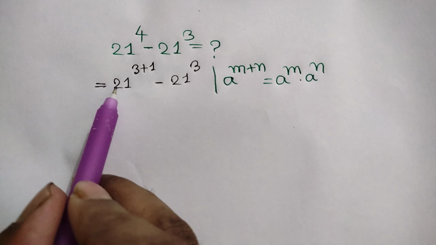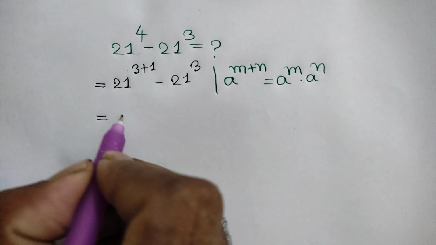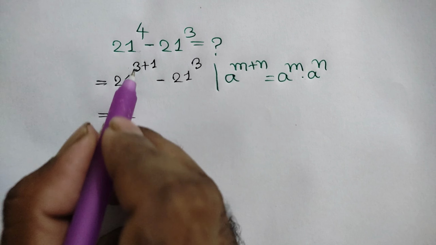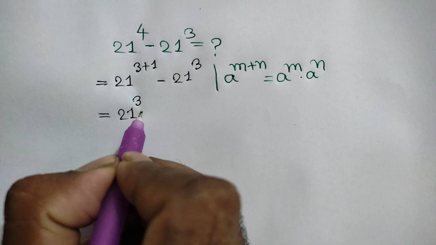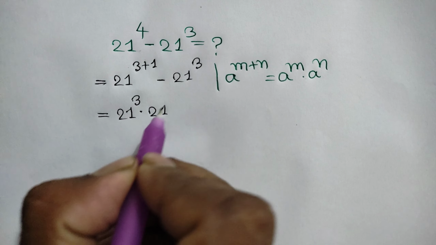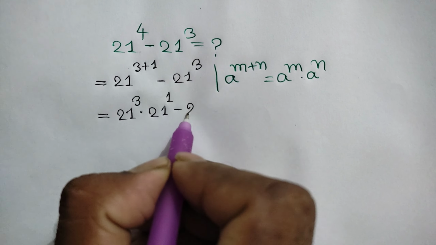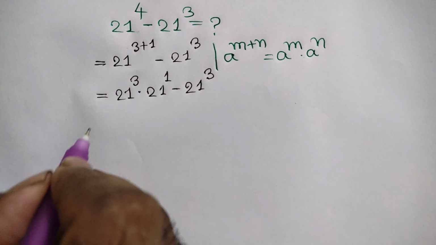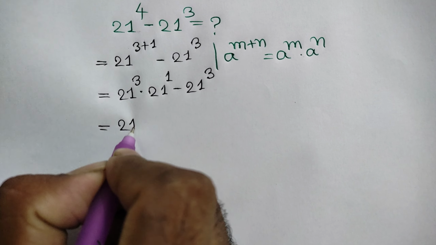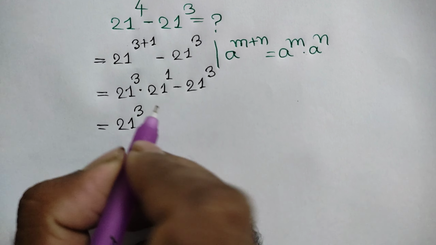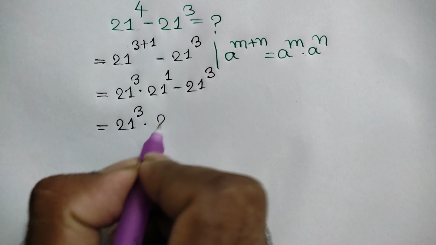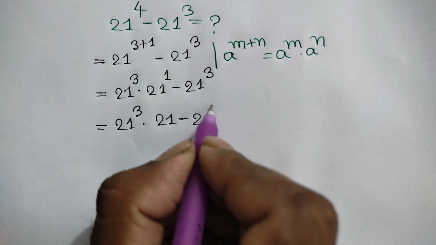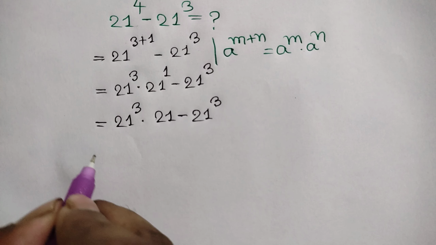Applying this rule, we can write 21 to the power 3 times 21 to the power 1 minus 21 to the power 3, which is equal to 21 to the power 3 times 21, since 21 to the power 1 is 21, minus 21 to the power 3.